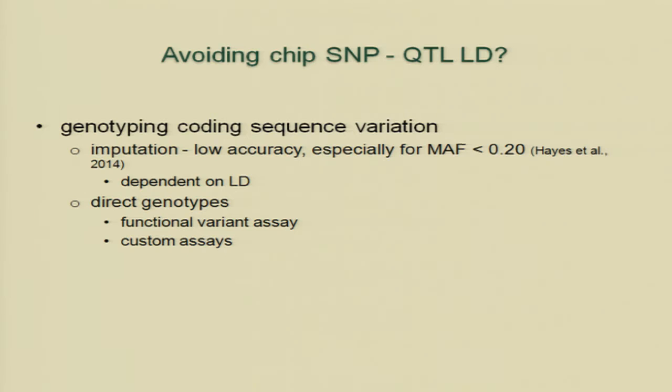So something like the functional assay that Missouri's developed, or other assays that might give us better genotypes for these functional variants might be more useful. So that's what I have. Questions for Warren?